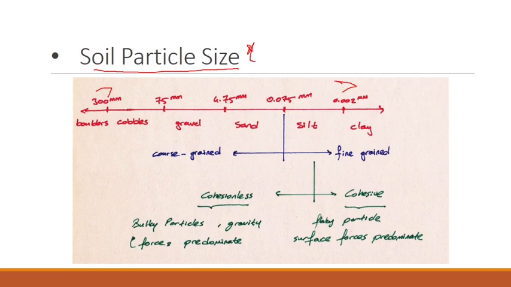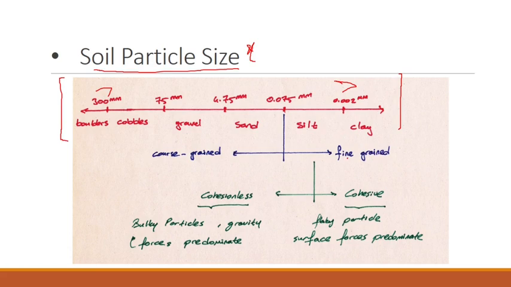Soils are generally called clay, silt, sand, and gravel, depending on the predominant size of particles within the soil. Several organizations have developed particle size classification. This is our main classification.